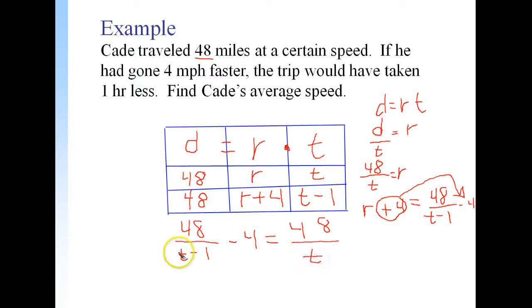And now you might say, how many variables do we have? We only have one. That's good news. So now, what do we want to do? Well, we want to solve for r here. Or I should say in this case, that comes later. We want to solve first for t.